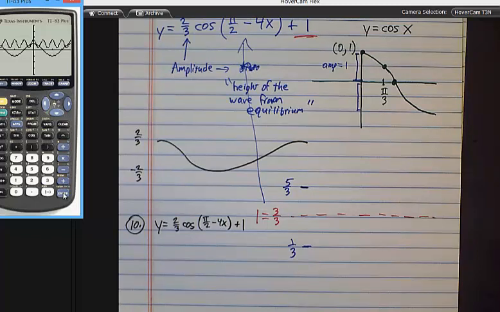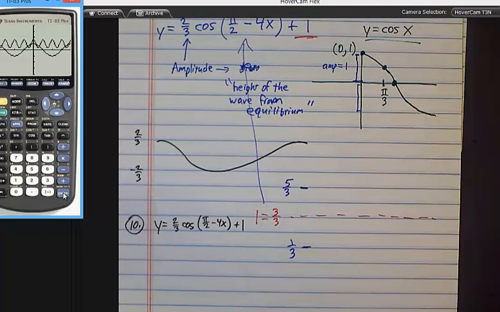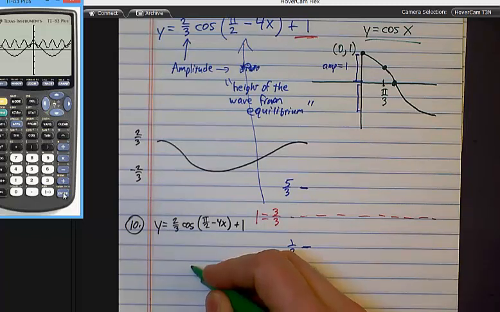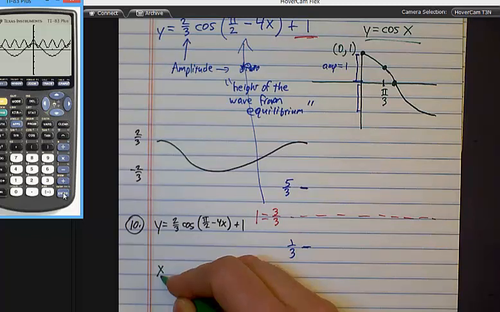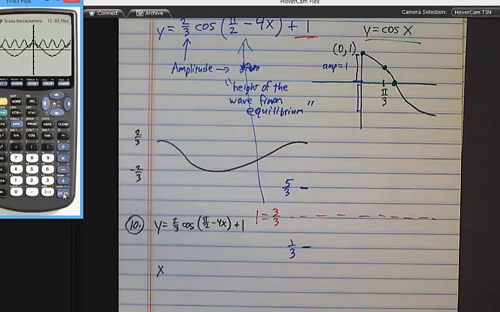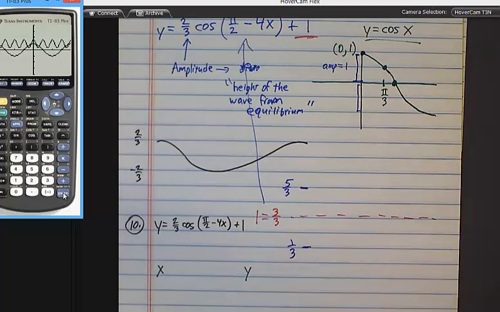Okay? But what you have to do, first of all, is understand, as I alluded to last time, y equals cosine of x. Now, when the book does this, they do a nice job, I think, of this part. They say, hey, guys, I know that there are some important x's, and we're going to graph some x's and some y's. But I already know something about the basic cosine function.